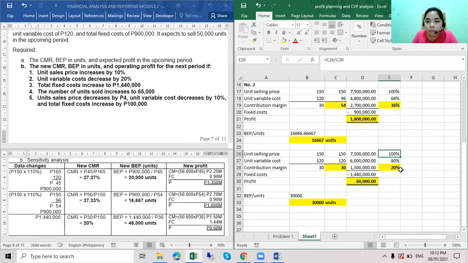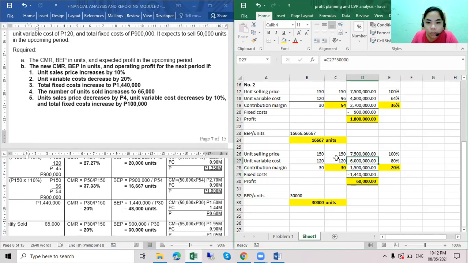So the CM rate will still be the same, your CM per unit will still be the same. Only your profit will decrease to 60,000 kay nag-increase ang imong fixed cost. Okay? And your BEP units will change kay instead of this ma 1.4 million na ni siya. Sorry class, wala ko na nakita.